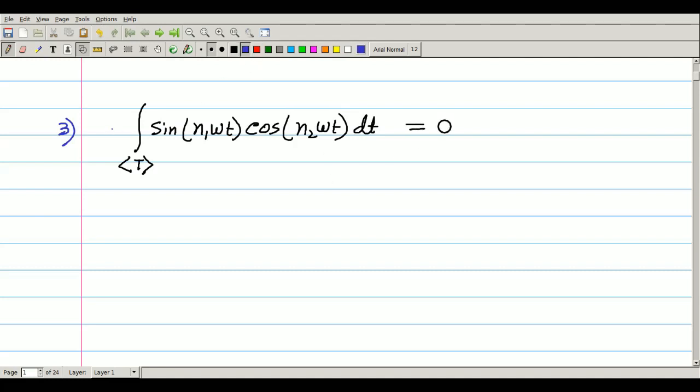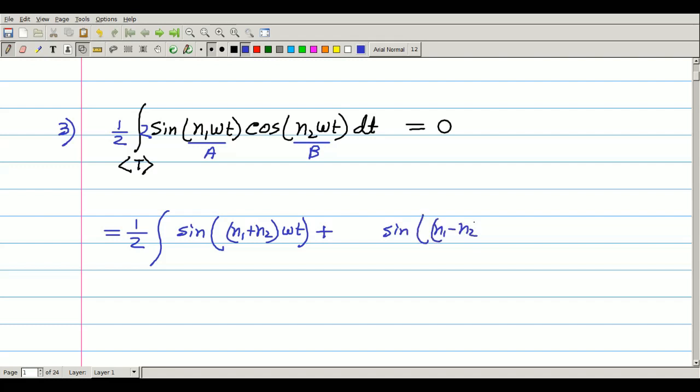This is very easy to prove. If you take a half common and 2 inside, then you can write it as half integration of 2 sine A cosine B, which is same as sine A plus B plus sine A minus B, and you can integrate these two terms separately.